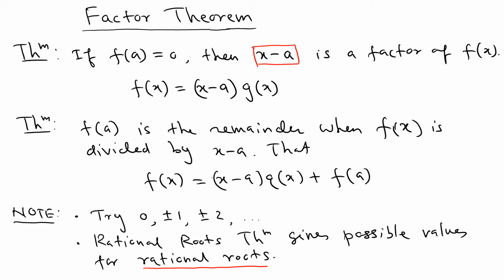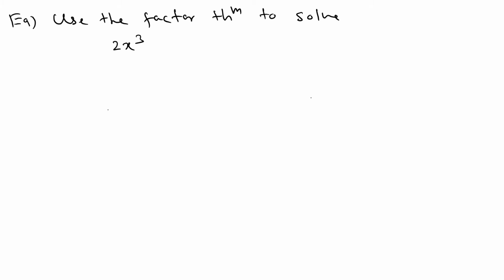Let's look at just one example of how it works. So let's say we use the factor theorem to solve a problem like this: 2x cubed plus 3x squared minus 2x minus 3 equals 0.